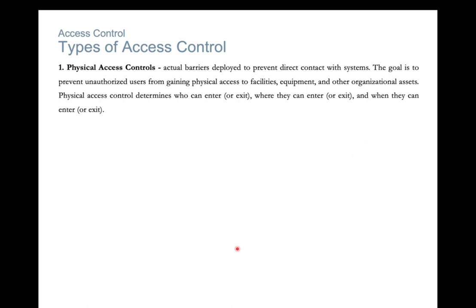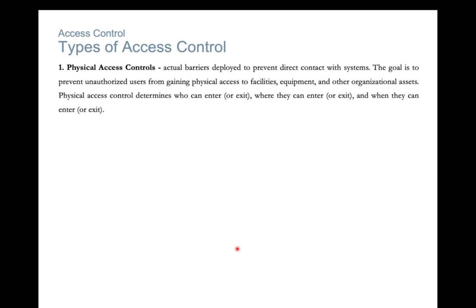So the physical access control determines who can enter or exit the property, where they can enter or exit, and when they can enter or exit.